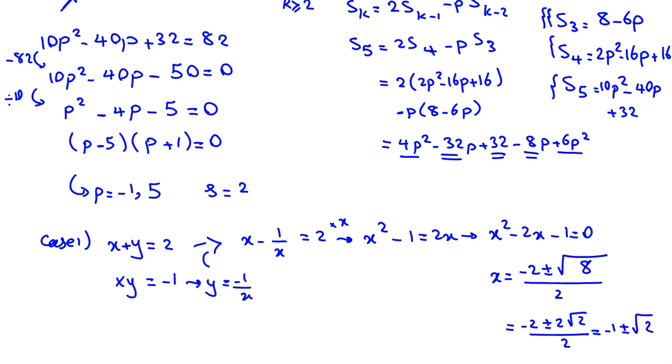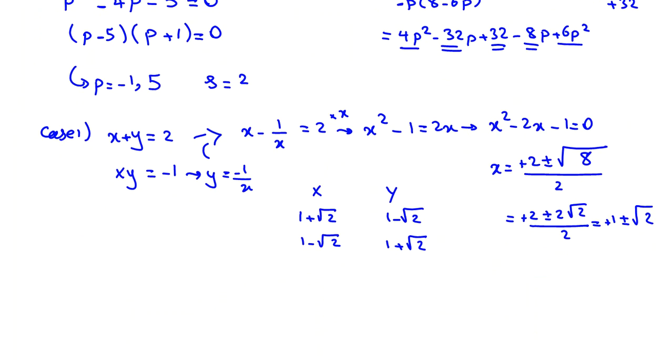Sorry, because we have negative 2, I should write positive here. So x and y are symmetric: in one case, x is 1 plus root 2, y is 1 minus root 2, and the product will be negative 1 and the sum will be 2. Or you can switch them.